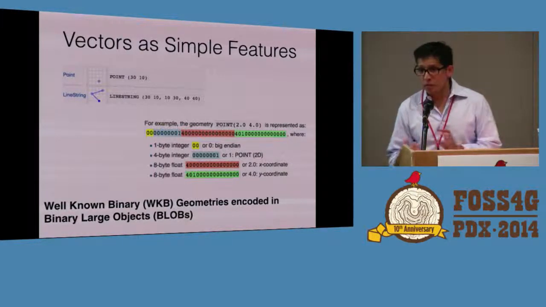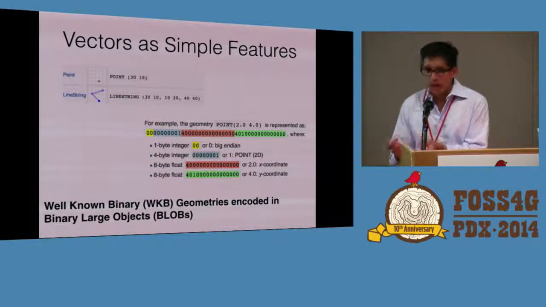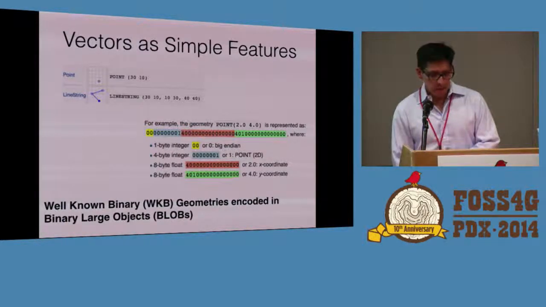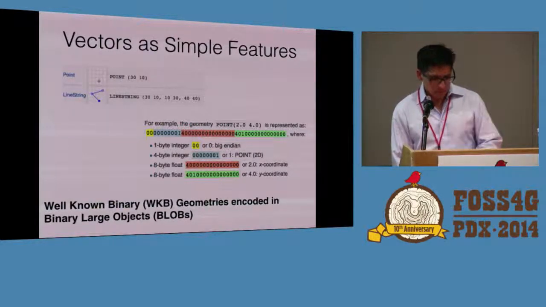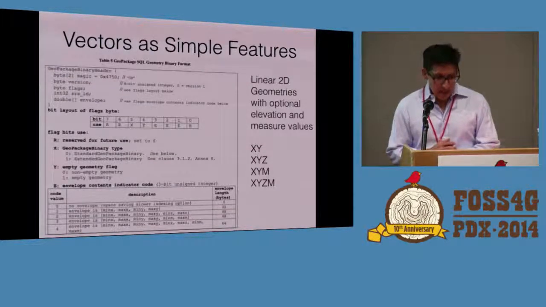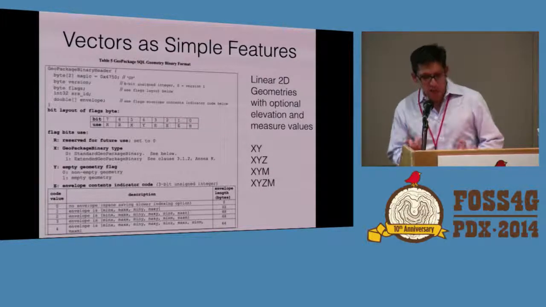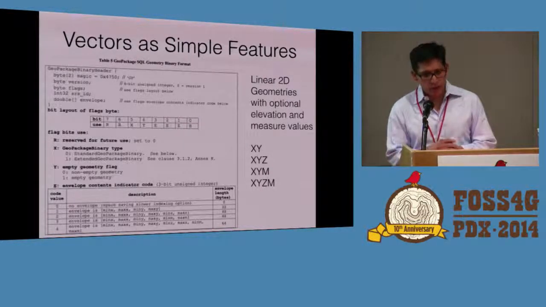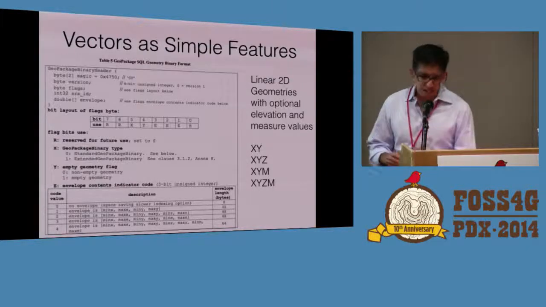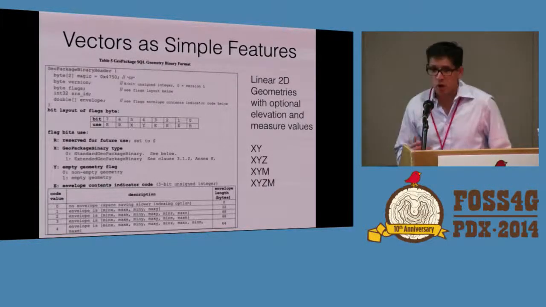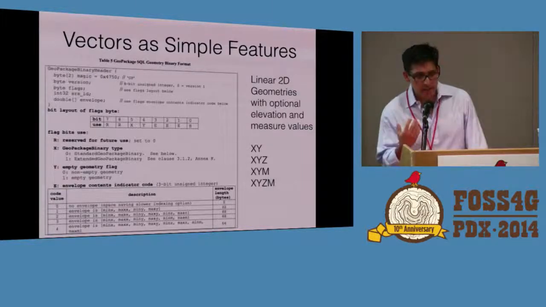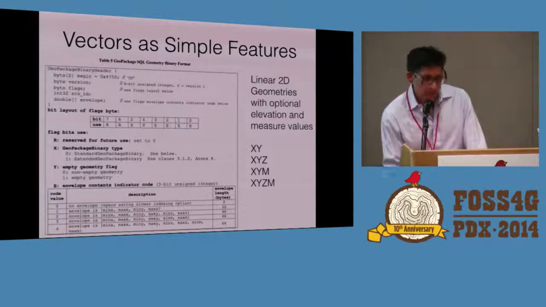It is very good because we are using, I think, the best way to encode, so it has a very small footprint. GeoPackage can support linear 2D geometries with optional elevation and measurement values. So you can have XY, XYZ, and XYZM, for example.